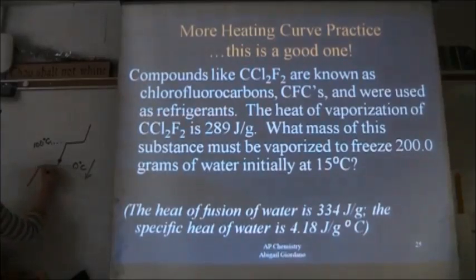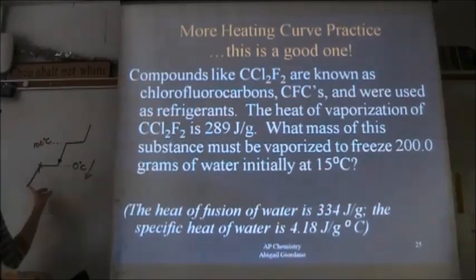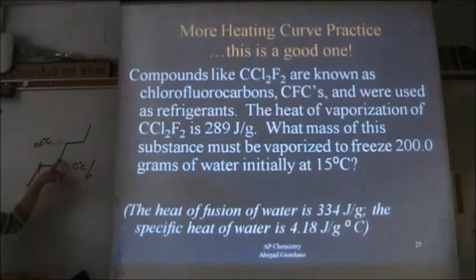The left side here? You got it. It didn't say that I'm freezing it and cooling it down further. They didn't give us a second temperature, so I assume we're stopping there. This is a two-step process. Do you agree? Okay.